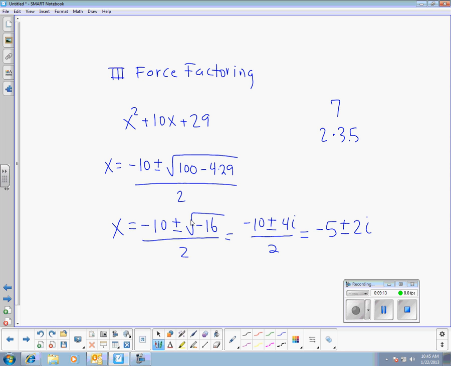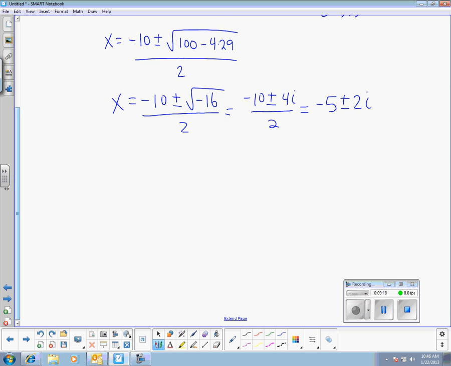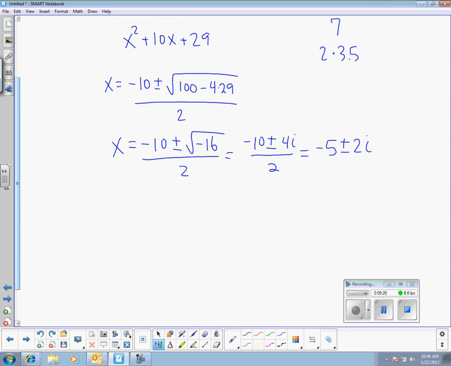Now, when you know zeros, you also know factors, because x minus the zero is a factor. So we can force factor this quadratic into x minus one of the zeros, which is negative 5 plus 2i, times x minus the other zero, negative 5 minus 2i. All right, x minus zero times x minus zero, just as if they were 3 and 4, it would be x minus 3, x minus 4.